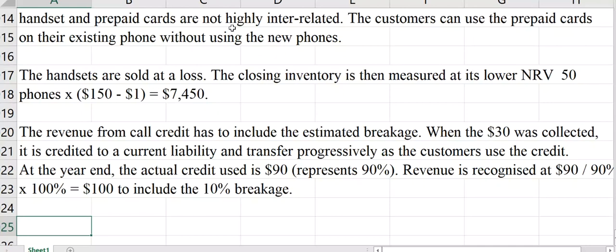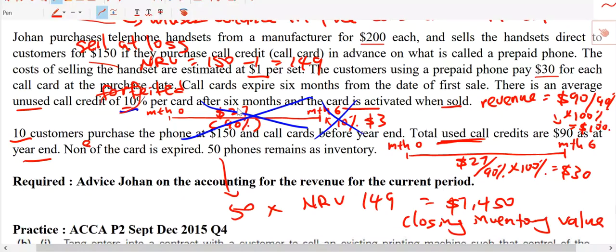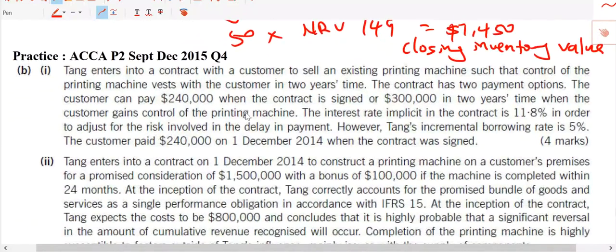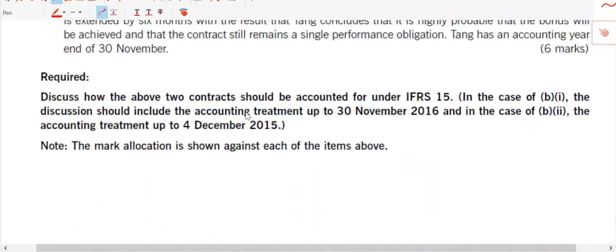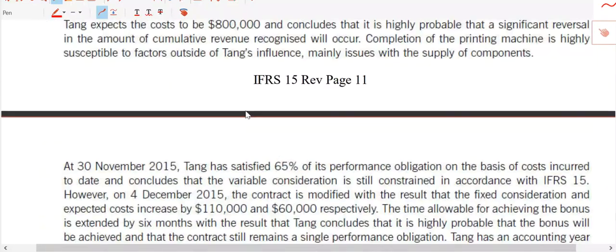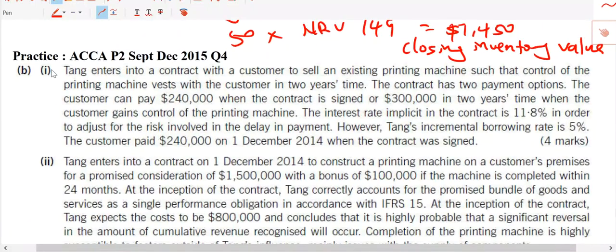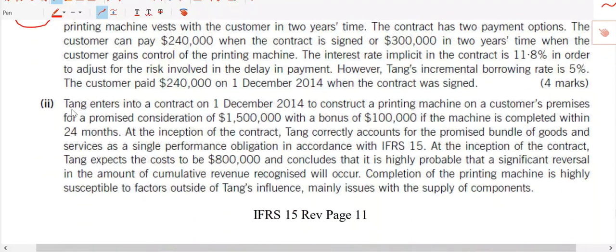Okay, finished. If you need more time, please let me know. Now we move on to the next one. Next we have this one last question broken into two parts. I will discuss B1 and give you the answer now for B1. I will discuss B2, but the answer I will give out as a PDF file on the e-learning portal.